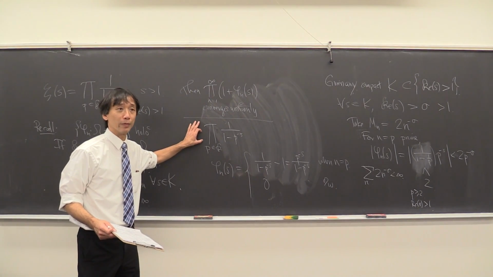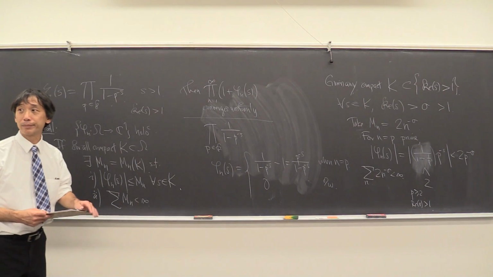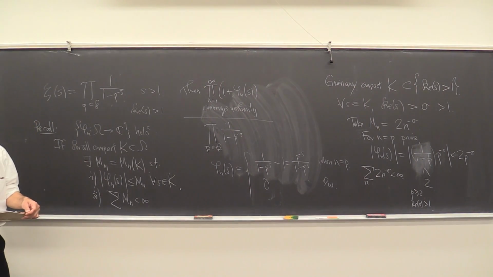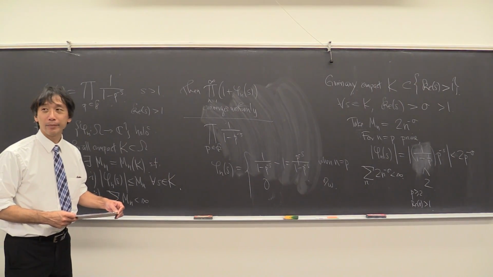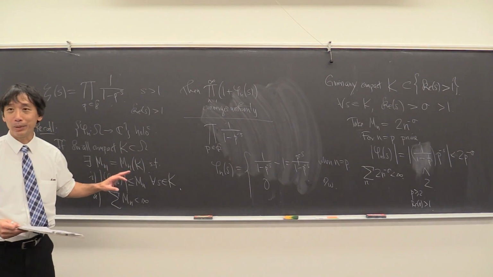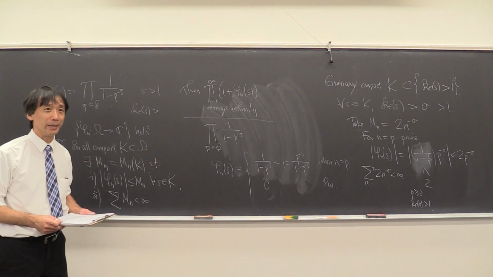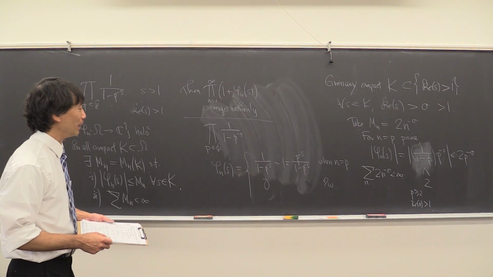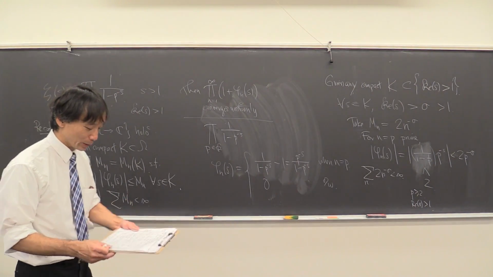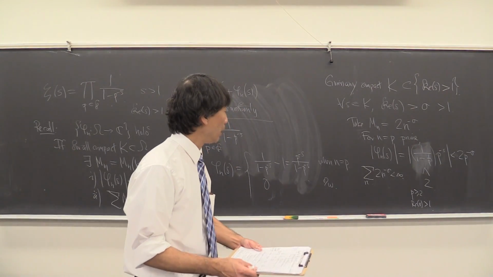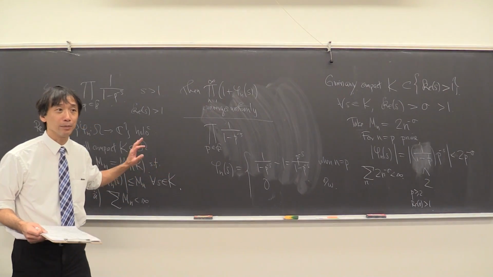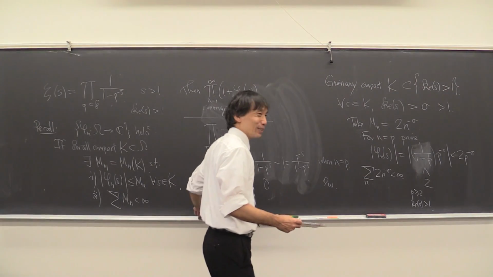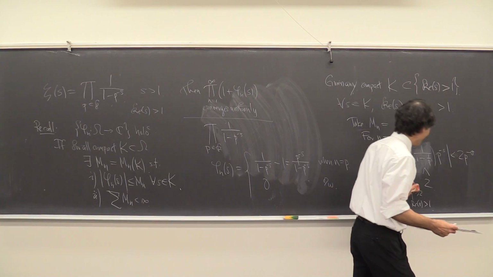It converges to a holomorphic function, and that does it for us. Okay, so that fixes up the Euler identity that didn't work last time. Okay. Everybody okay? Any questions? Good. I got the thumbs up from Noah.